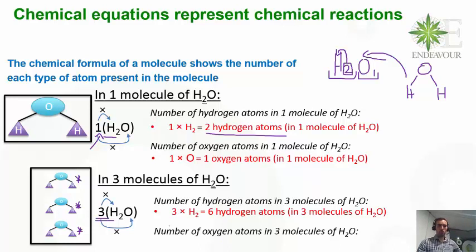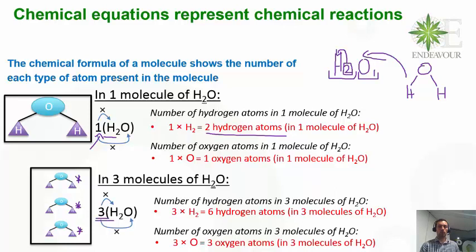And for oxygen, we do the same method. We're timesing it by 3 because there's 3 water molecules, and in each water molecule we've got 1 single oxygen. So that corresponds to 3 oxygen atoms within those 3 molecules of water. So we're going to need to be able to do these types of exercises when we're working out whether a chemical equation is balanced.